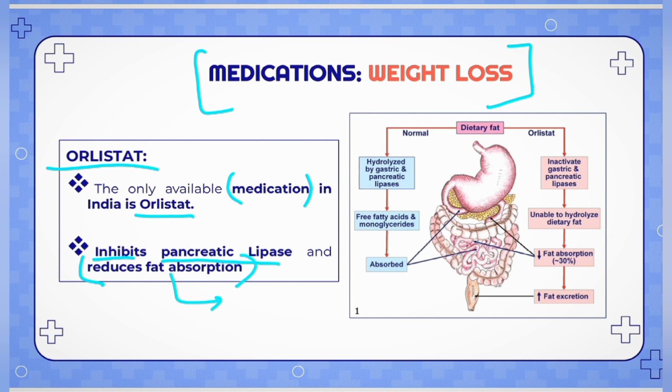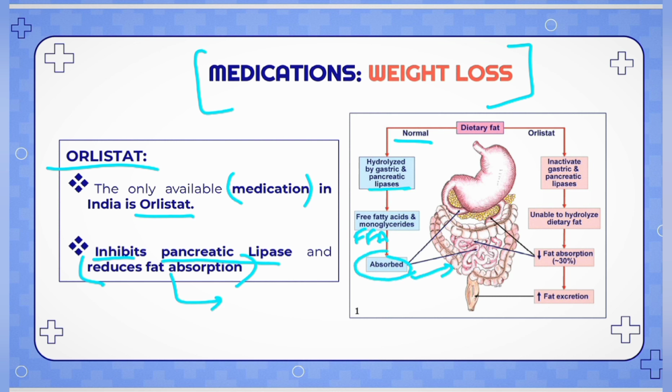Here in this diagram we can see that in the normal mechanism the dietary fat is hydrolyzed by the gastric and pancreatic lipases, and this disintegrates into free fatty acids and monoglycerides, and ultimately this fat is absorbed from the gut.